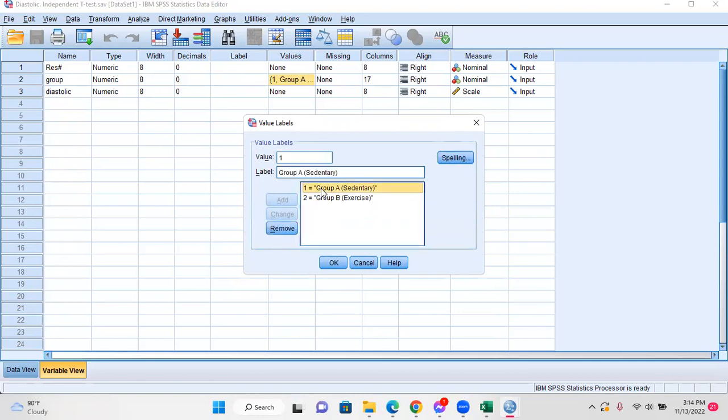Group A, sedentary. Picture ko ito bago ko makalimutan. Pakita ko sa inyo paano mag-label.